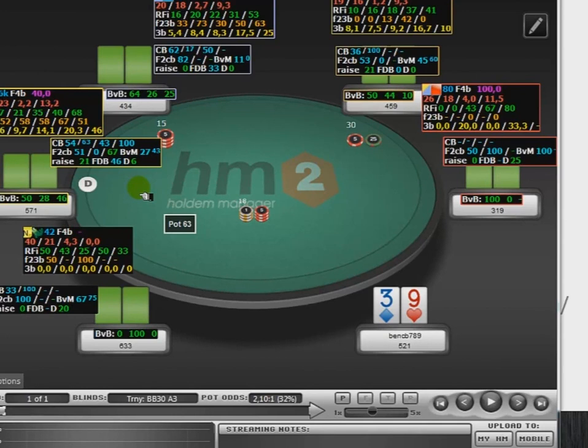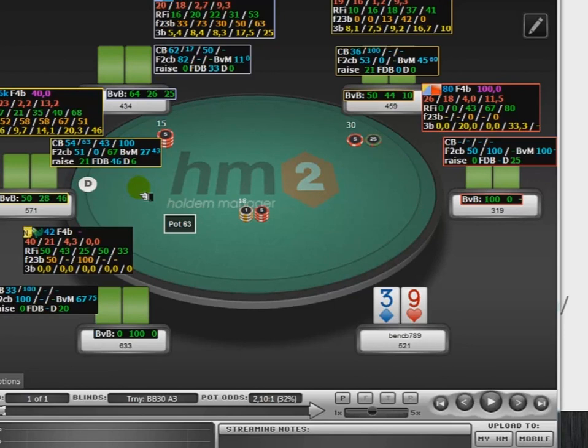When you usually open raise 60%, you just have to go down to 40 or 50% or even tighter. When you're very tight, you can also exploit your opponents because they are too aggressive. You just make money with your value hands.